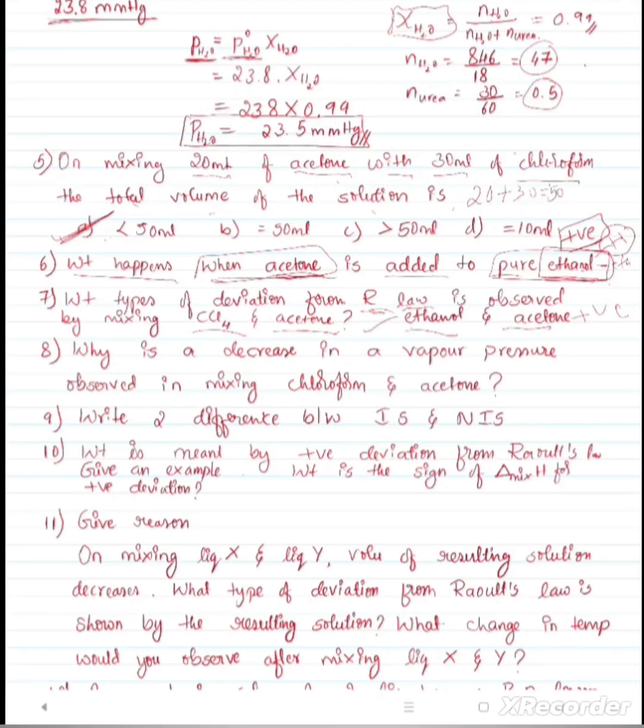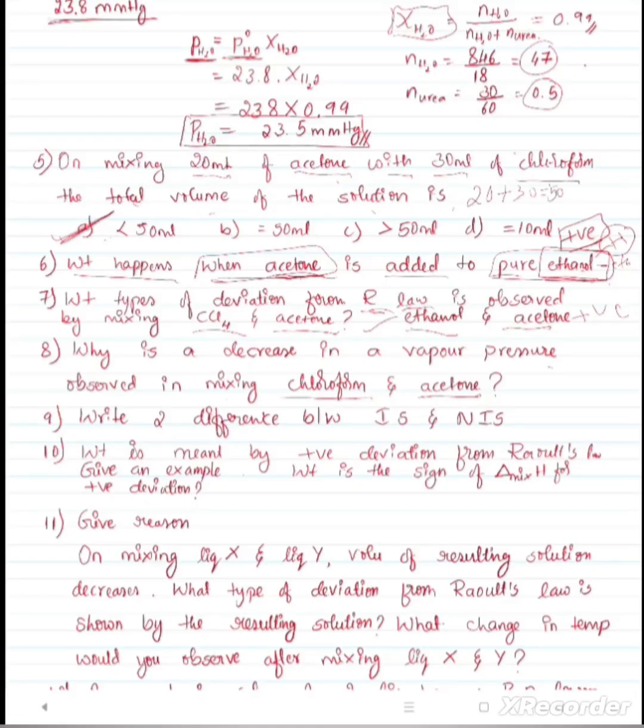Okay. Then why is a decrease in vapor pressure observed in mixing of chloroform and acetone? Again, chloroform and acetone only. Why does vapor pressure decrease? Because it is showing negative deviation.